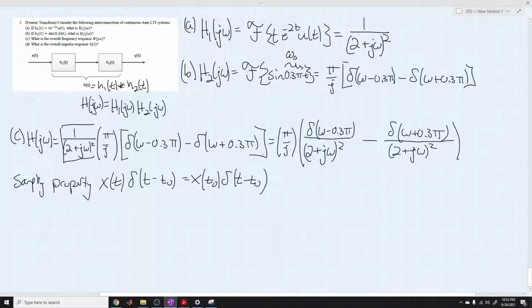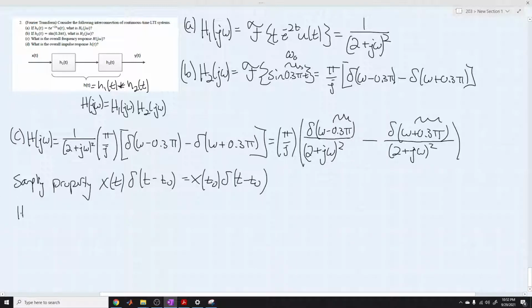Now, in the frequency domain, in the Fourier domain, j omega is our t. That's our independent variable. That's the variable that's on the horizontal axis. So we're just going to apply the sampling property to this. And here's our t naught right there and right here. So one of them's a plus and one of them's a minus.